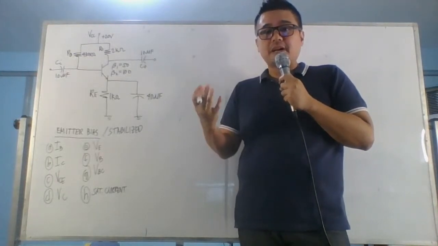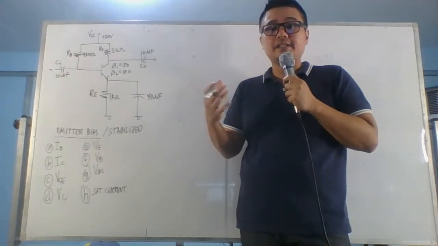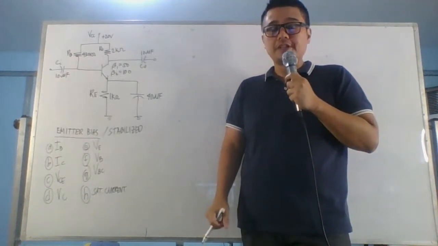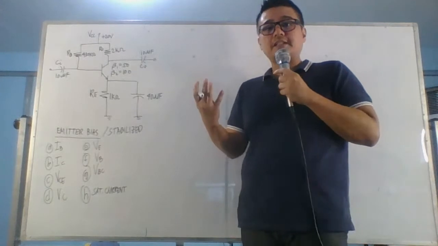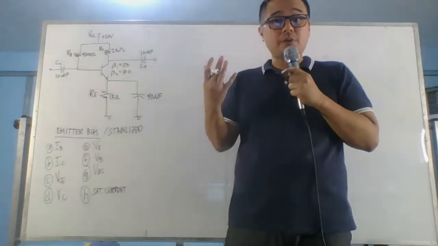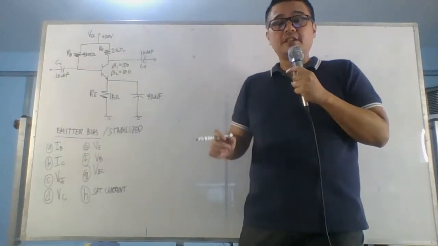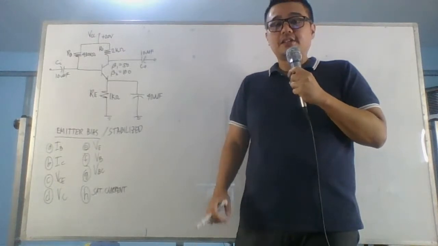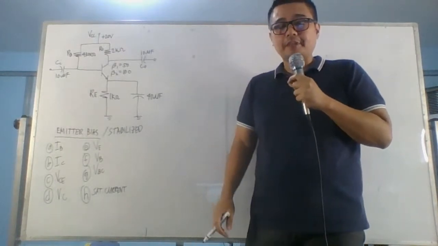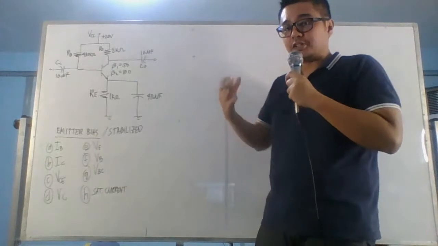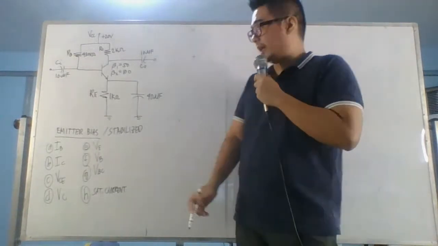Nag-increase yung beta. Bakit nag-increase ang beta? Dahil nagtaas yung ating temperature. So kapag tumaas yung beta natin, anong nangyari dun sa ating output voltage? Bumaba or lumiit, yun ang iniiwasan natin. Yung masyadong pagbabago ng output voltage with changes in temperature and changes in beta.